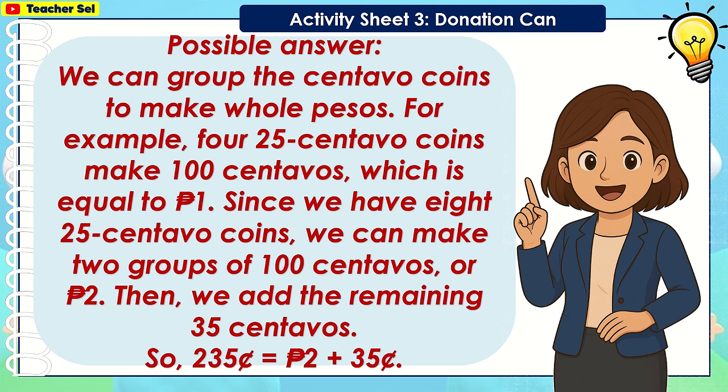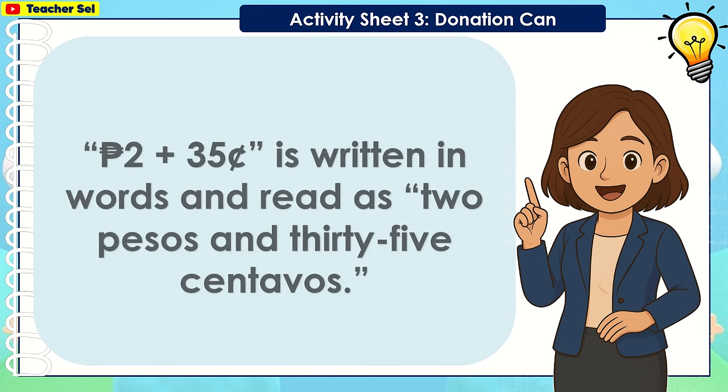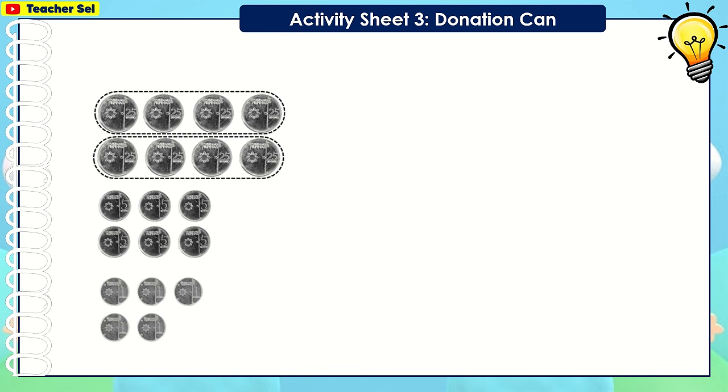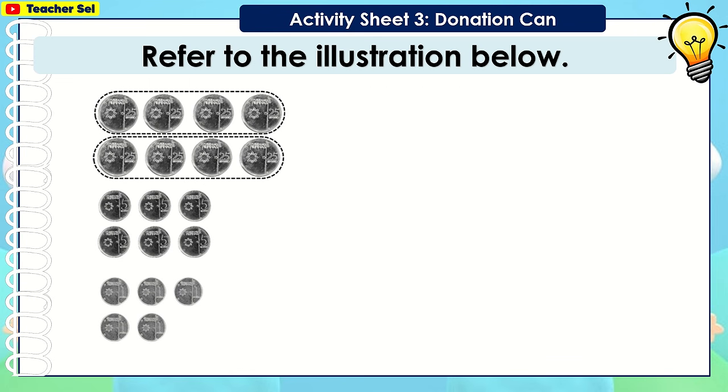So, 235 centavos is equal to 2 pesos plus 35 centavos. Two pesos plus 35 centavos is written in words and read as 2 pesos and 35 centavos. Refer to the illustration below.